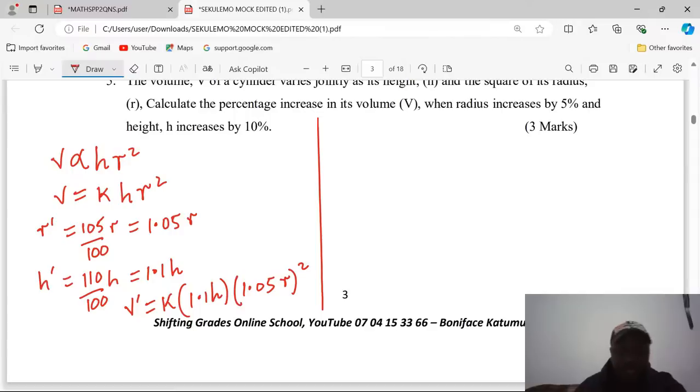We shall say that the new V equals 1.1 multiplied by 1.05 squared.